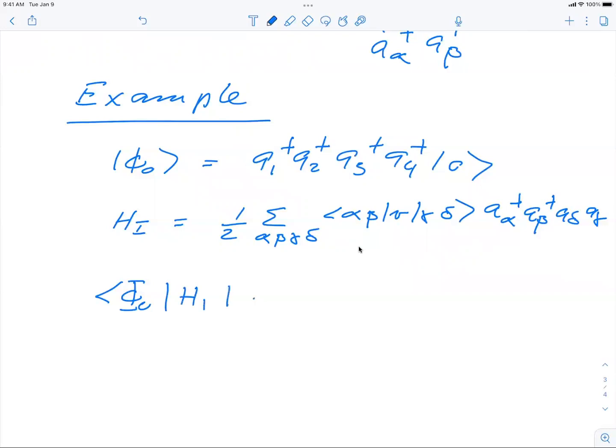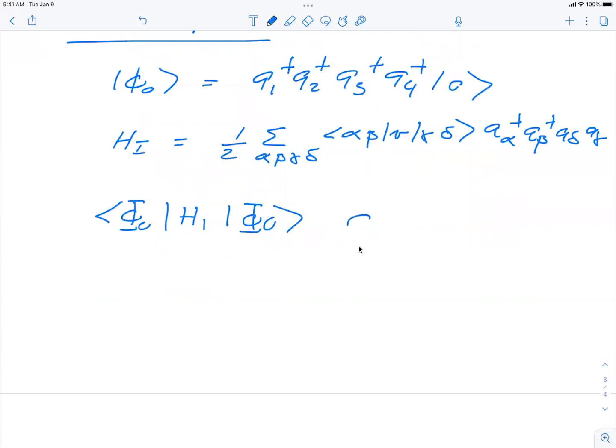So let's look at that one. Now, this is going to be proportional to a whole string of operators. So we are going to have a string of operators where we have A4, A3, and this is also normal ordered. And then we have the operator itself.